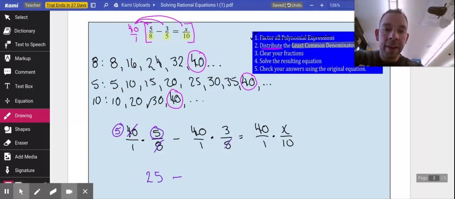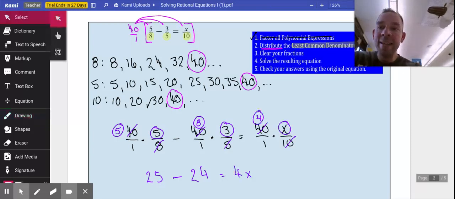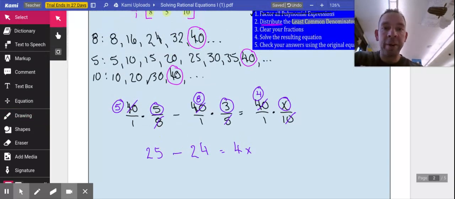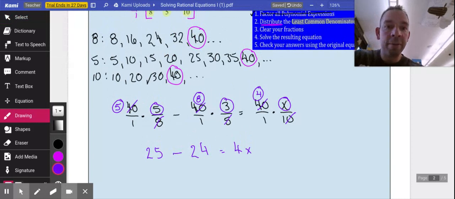Then 5 goes into 40 8 times, and 8 times 3 makes 24. And 10 goes into 40 4 times, and 4 times x makes 4x. Isn't that slick? We were able to clear the fractions, so we can check that off our list. We've distributed and cleared our fractions.